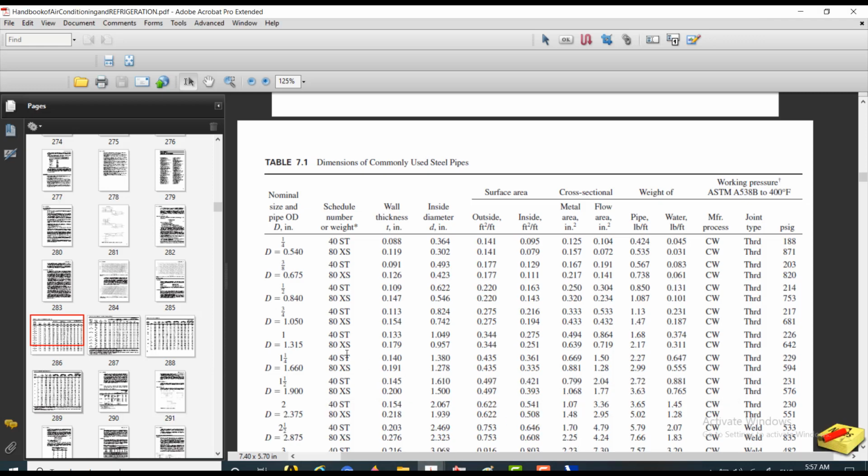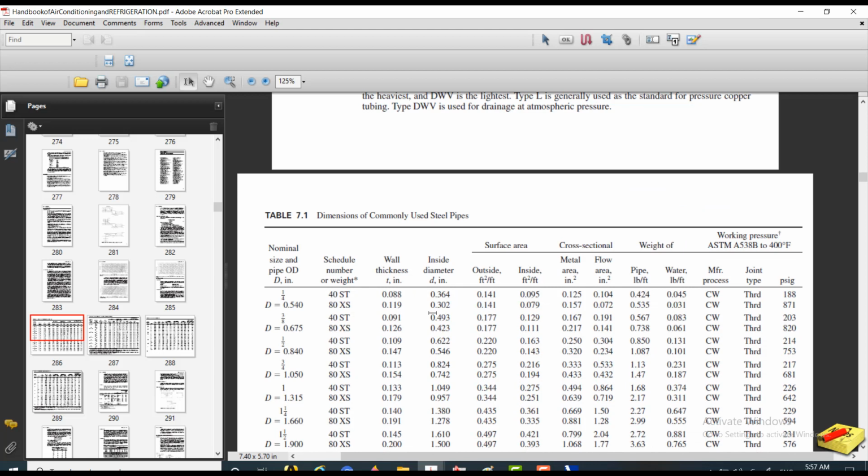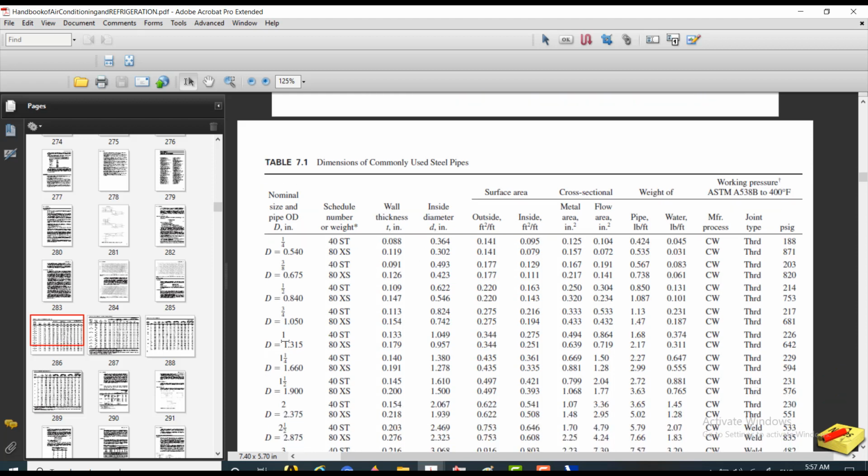Now if you're going to look at the chart, so inside diameter, wala na siya doon, diba? So it cannot be seen here. Now we're going to change yung value ng velocity natin. So let's assume so this is 1/2. Let's try to use it since wala tayong makita value dito.